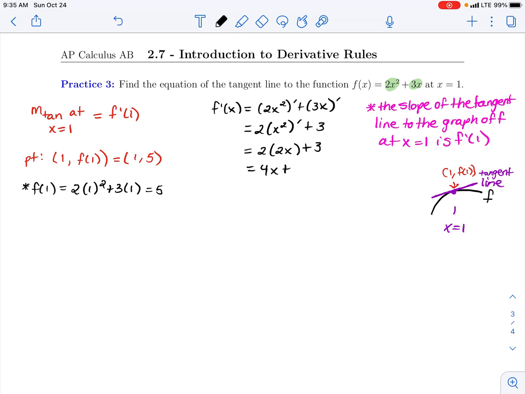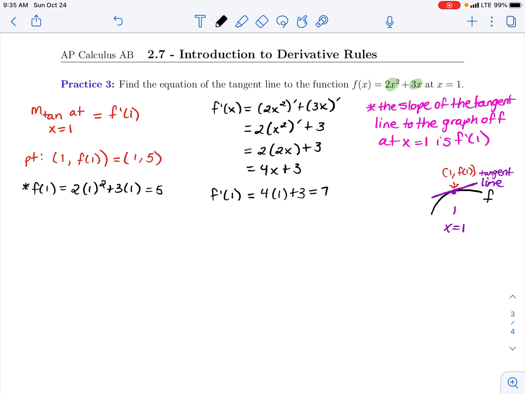So this is equal to 4x plus 3. Okay, so I found the derivative function. Now to find the derivative at 1, in other words f prime of 1, I'm just going to plug 1 into my derivative function. So I have 4 times 1 plus 3, which is 7.